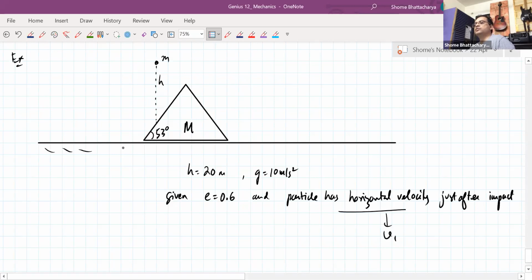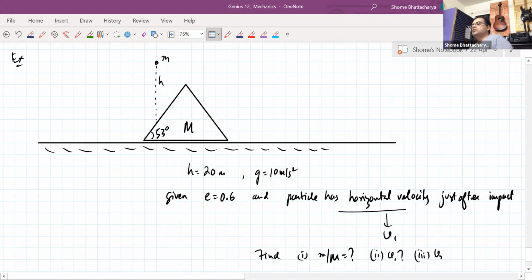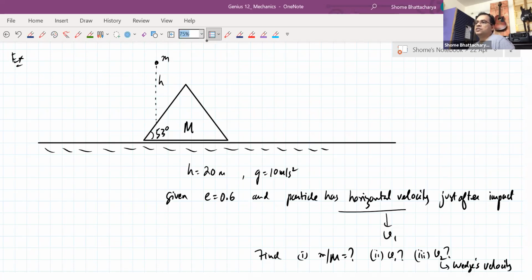And this is a smooth surface. So we want to find the m by M ratio, the value of v1, and the value of v2, that is the wedge's velocity after impact. Just try this question out, people.